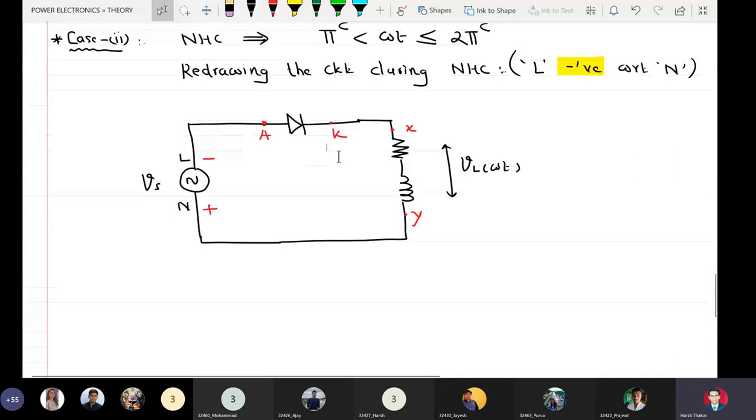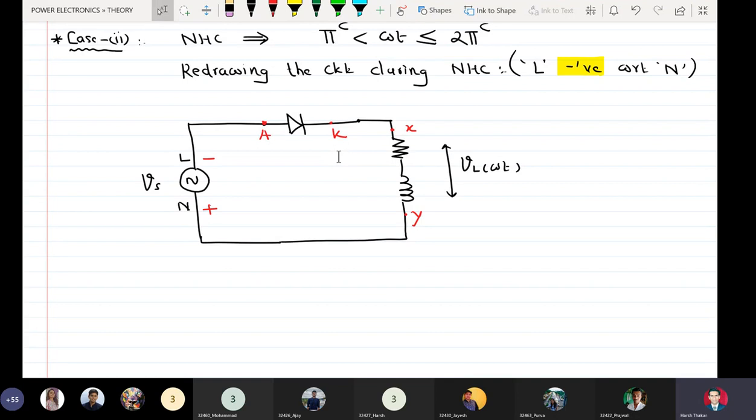Fine. So as such, when the negative half cycle starts, because the anode terminal of the diode is connected to minus, in the first instance we feel that the diode is actually reverse biased. Let us see what is the actual scenario.